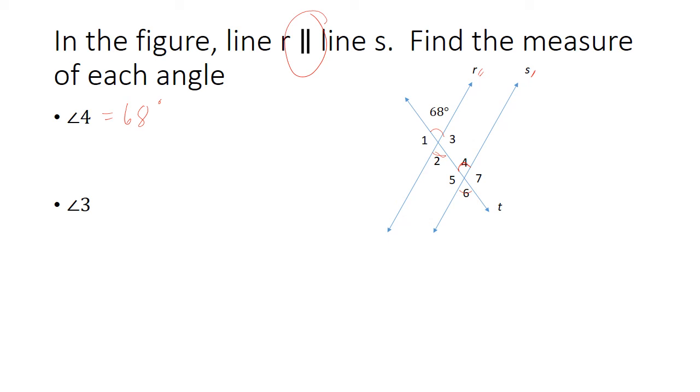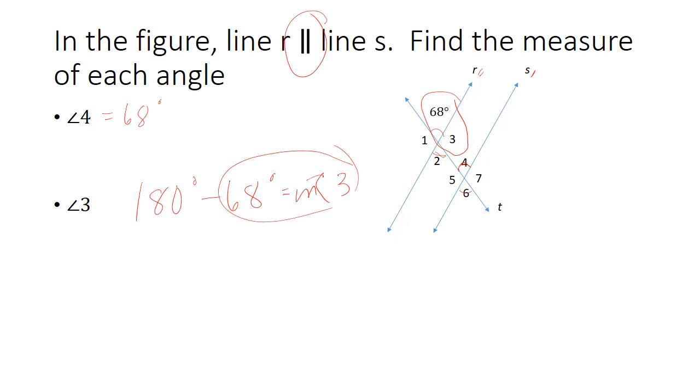For angle 3, the way we can figure that out is because those are next to each other, and all acute and obtuse angles are going to be supplementary. So the measure of angle 3 has to be 180 degrees minus 68 degrees because they are supplementary. These would add up to 180, so you solve that by subtracting what you know from 180.